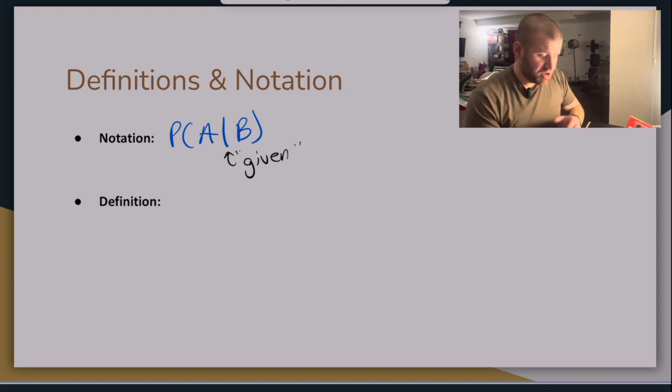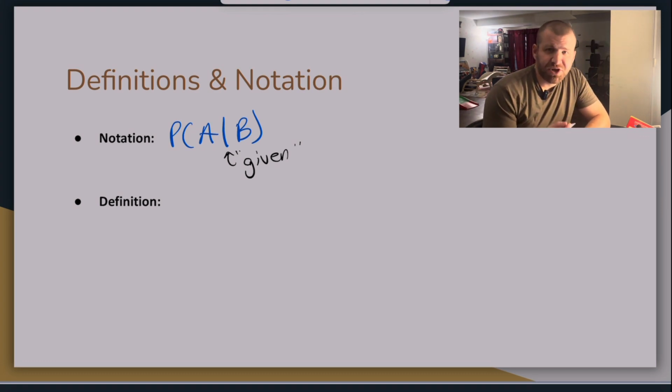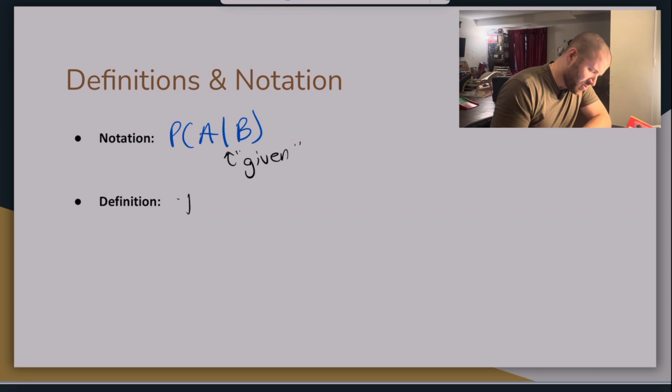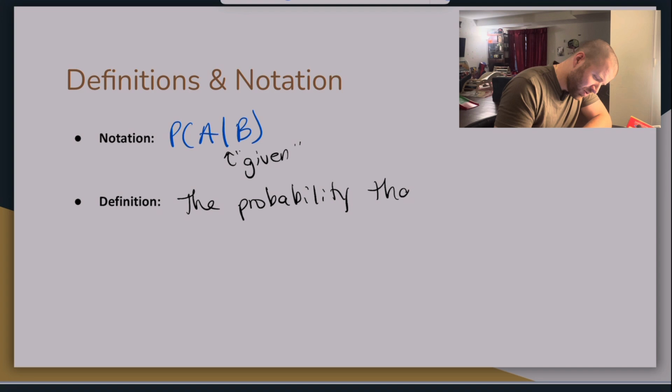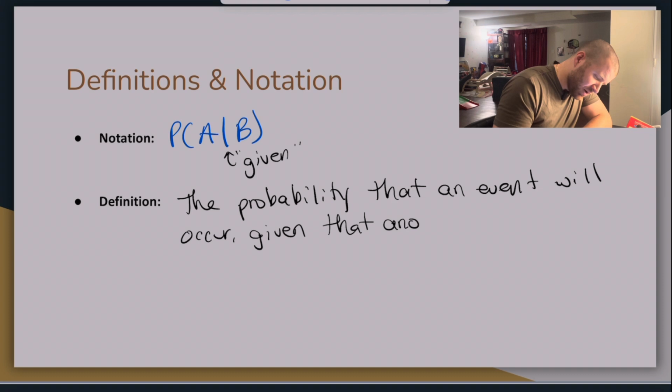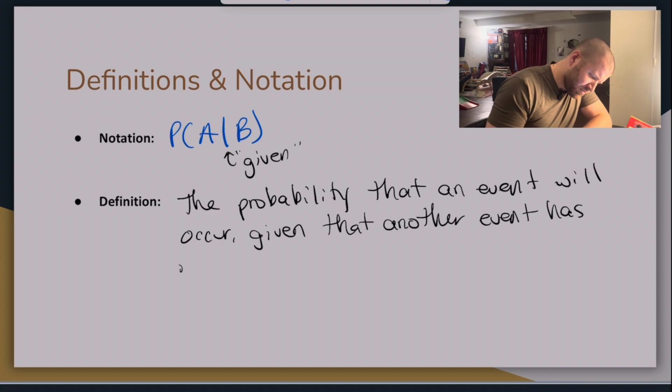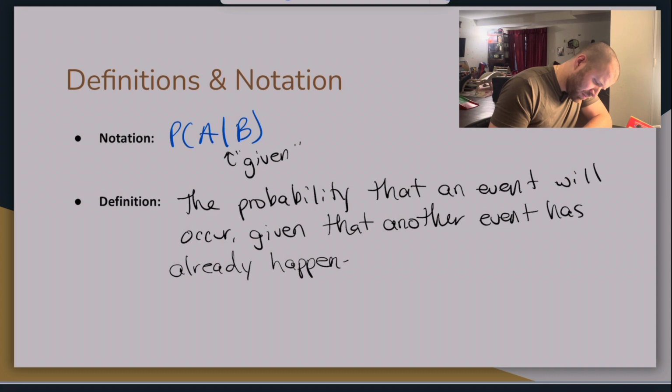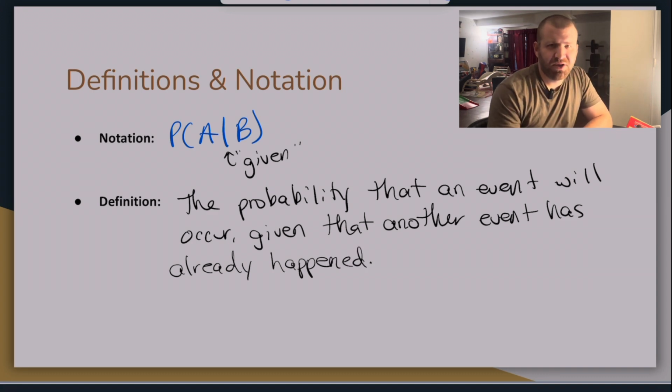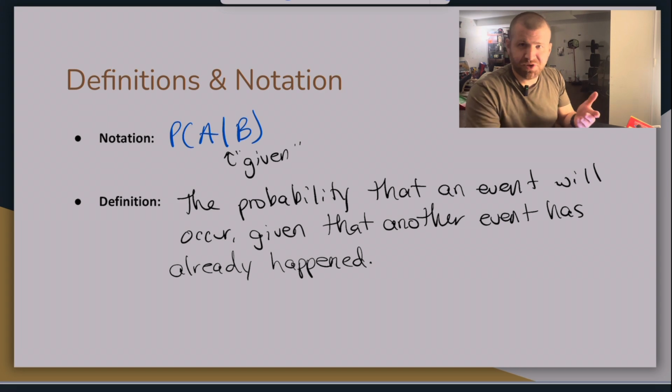And I talked about that in the video before this, but the definition of conditional probability is literally the probability that an event will occur given that another event has already happened. So that's why I use the word given for that vertical bar that you will see.